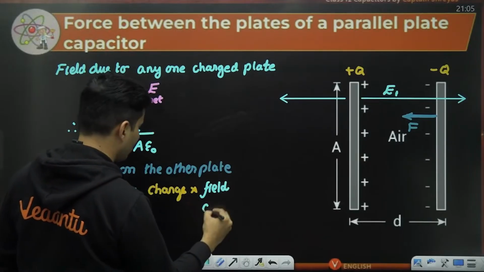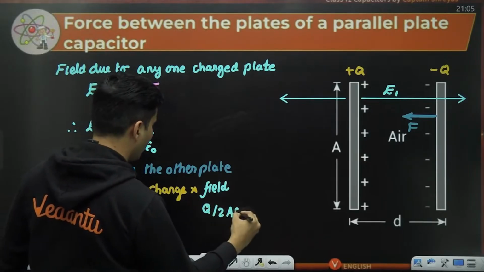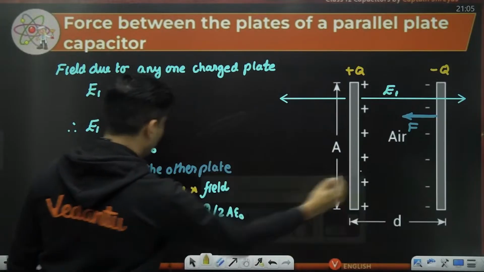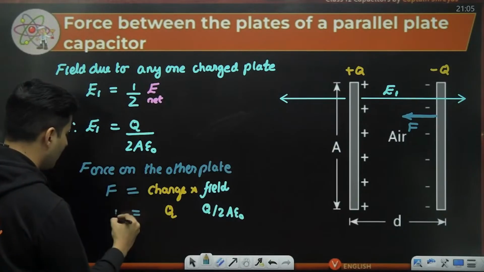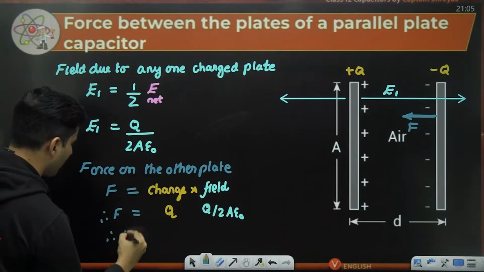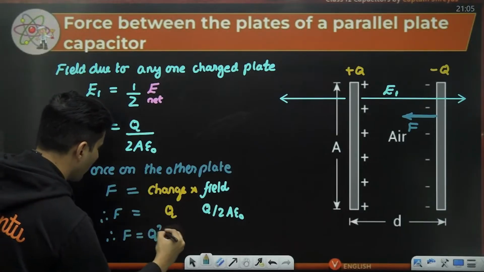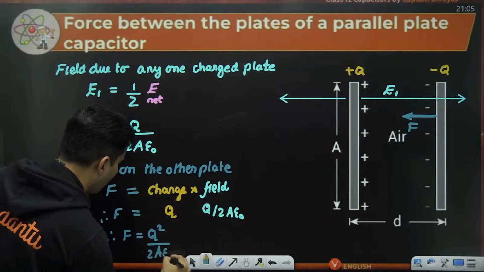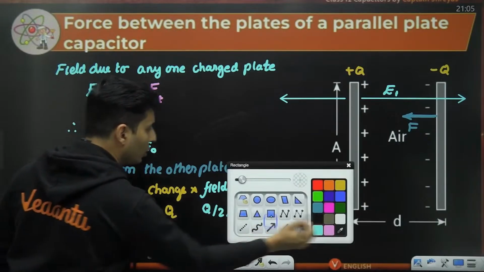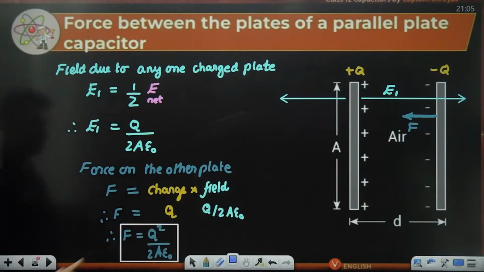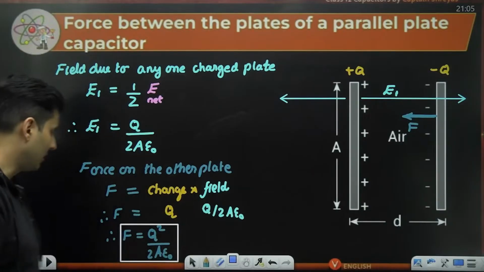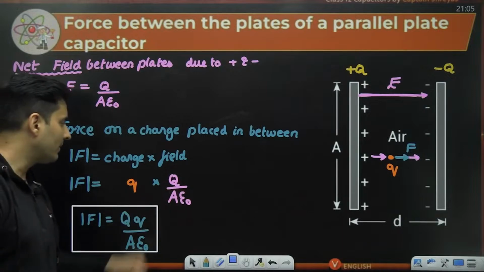That field is nothing but Q by 2A epsilon naught. The charge is again going to be Q. So therefore, my force will be Q square by 2A epsilon naught. That number 2 will come over here. That is the major change.